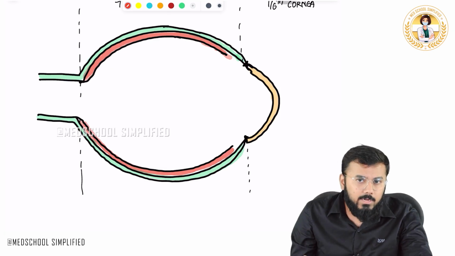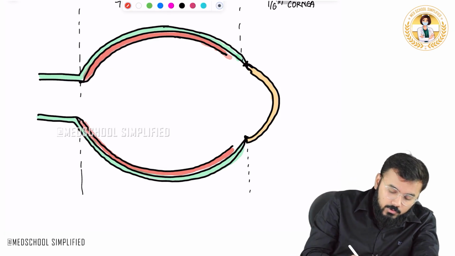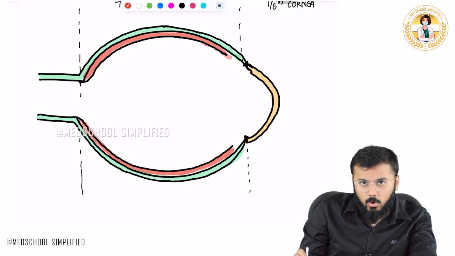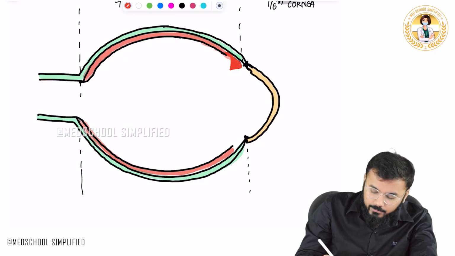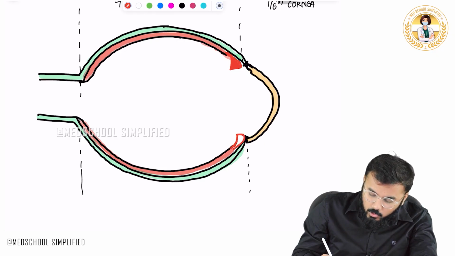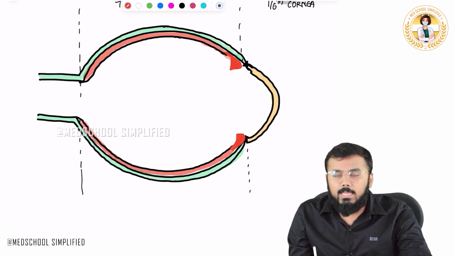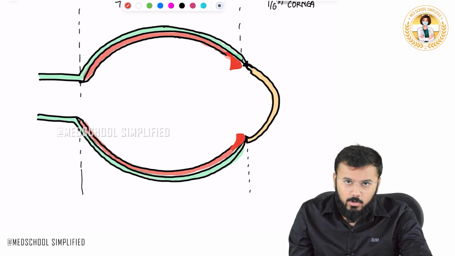Now what is happening usually is that this particular choroid, anteriorly it becomes thick in the form of a triangular shaped body, and this is called as a ciliary body.